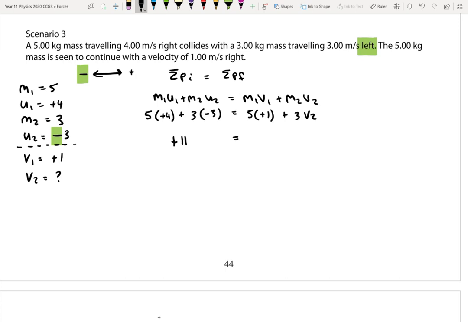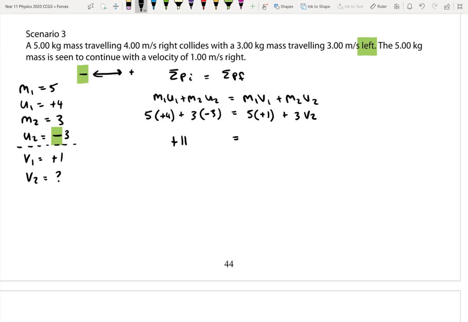So even though we've got two objects traveling in opposite directions, one of them has more momentum. And it turns out that the object traveling to the right has more momentum because when you sum the momentum, we still have plus 11. So now at the end, this side has to also equal plus 11.